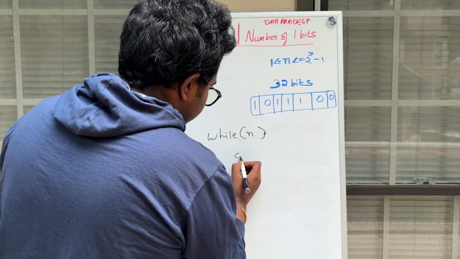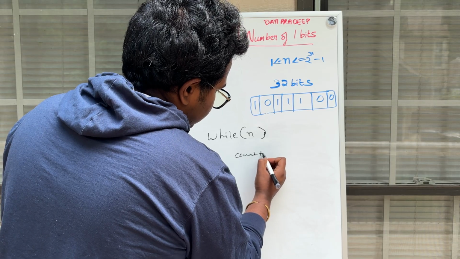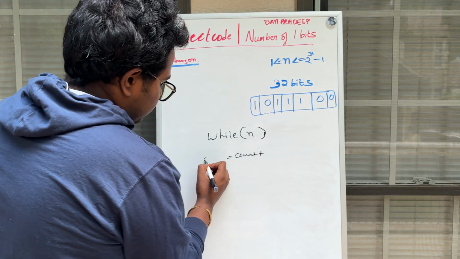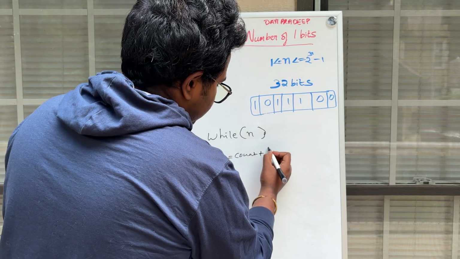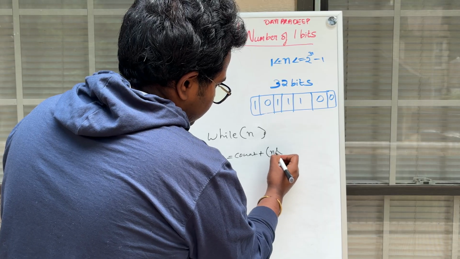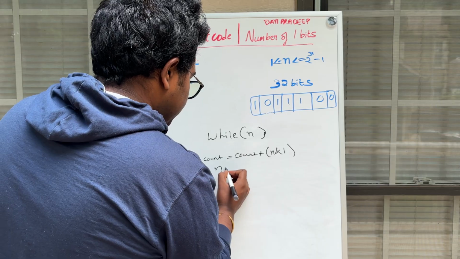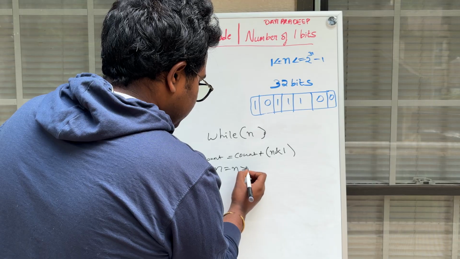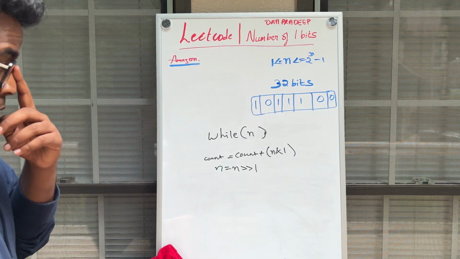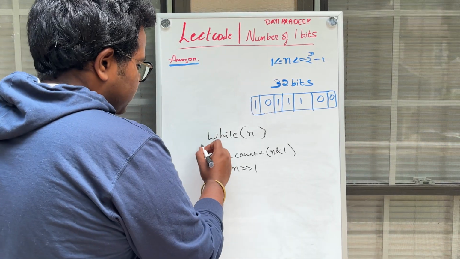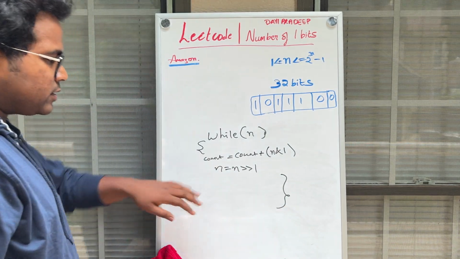Count plus equals n AND 1, and next I'm going to do a right shift by 1 bit. Okay, I think this is the whole logic.